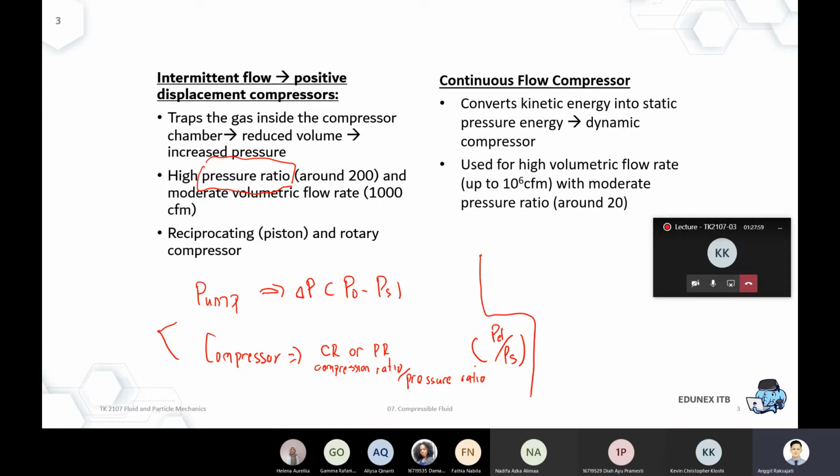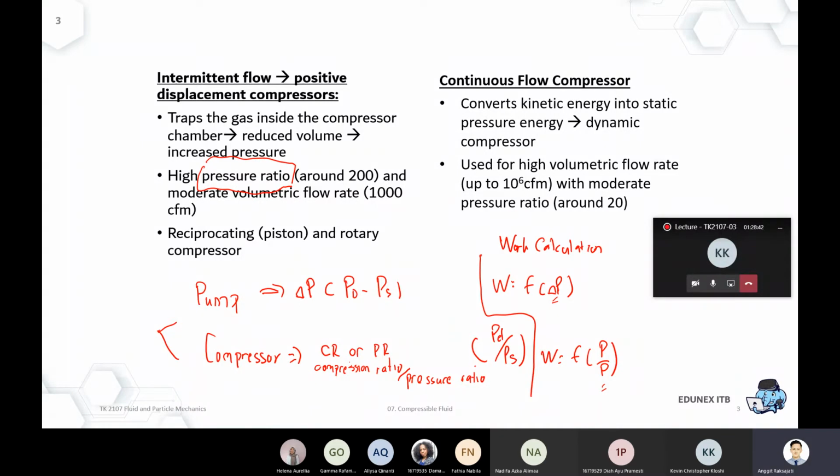Because in the formula of the work calculation, work for a pump is calculated as a function of delta P, but for a compressor, it's calculated as a function of P per P. As I hope you already understand in thermodynamics, when we're talking about adiabatic compression or polytropic compression, it's never about the delta P, it's about the P per P. And this is really important to make sure the performance is efficient.